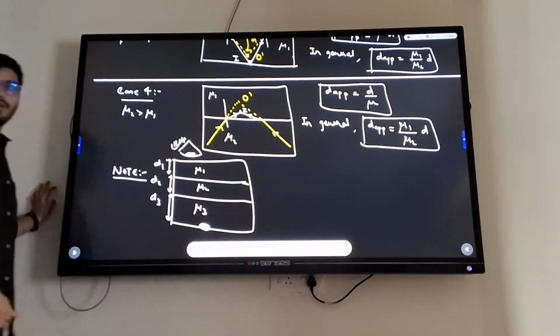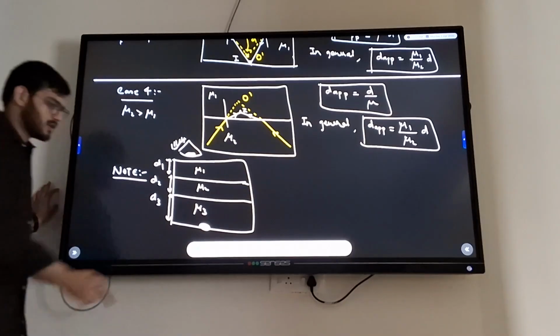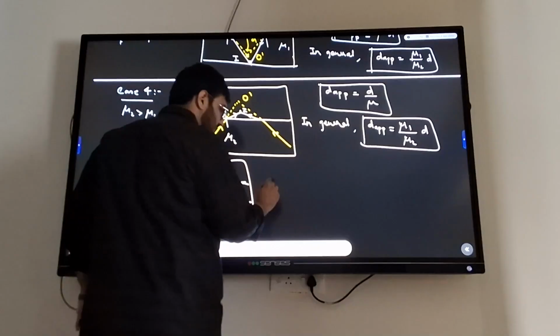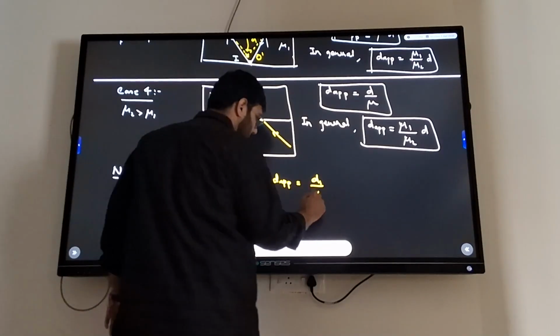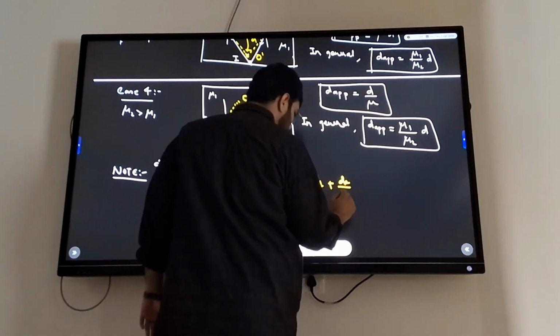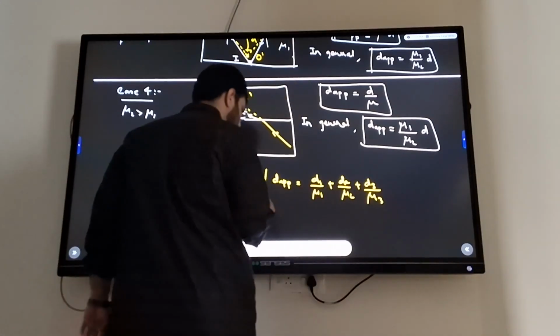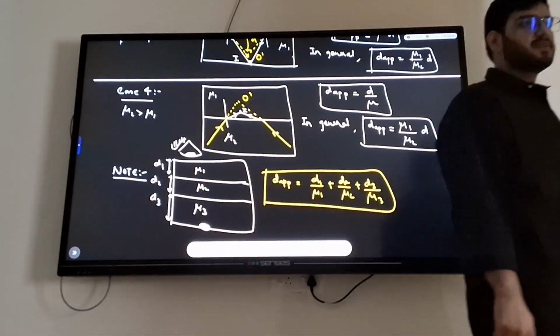You are looking from here. How will that coin look like to you? What will be the apparent depth? And the formula is, I am not going to derive it, I am just going to give it directly. The formula is D apparent is d1 by mu1, plus d2 by mu2, plus d3 by mu3. This is the formula that you have to remember.